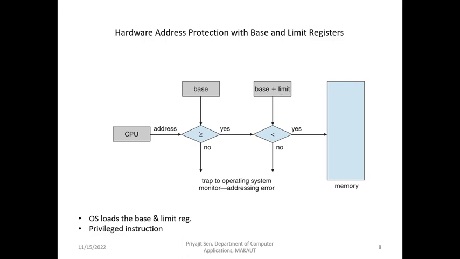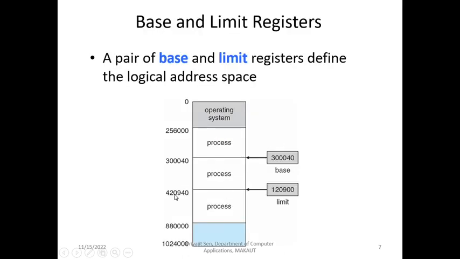Finally, you have to go for base plus limit, because limit is also given there. The limit will be added with the base, and base plus limit should be less than the maximum. As I told you, 420940 is the maximum value. Therefore, we start from the base register and continue up to less than 420940, because 420940 is allocated for the next process, suppose process 3.